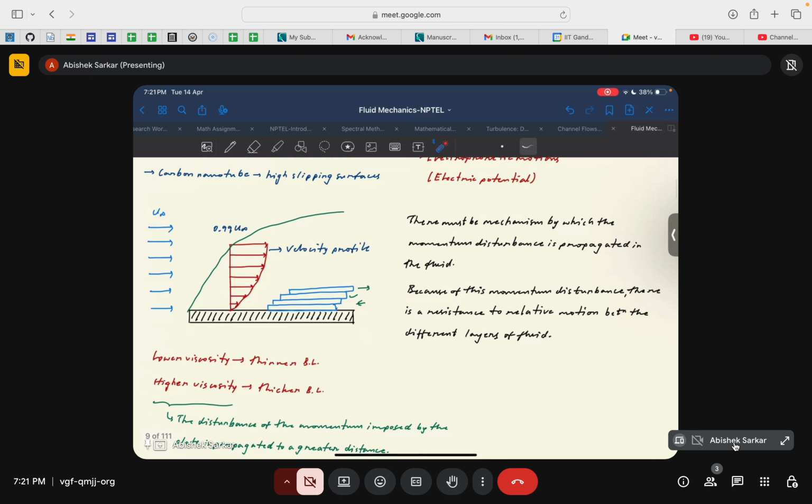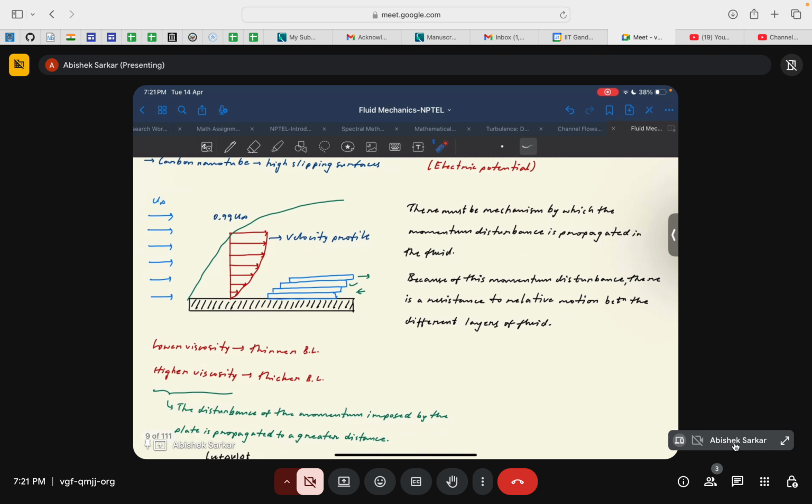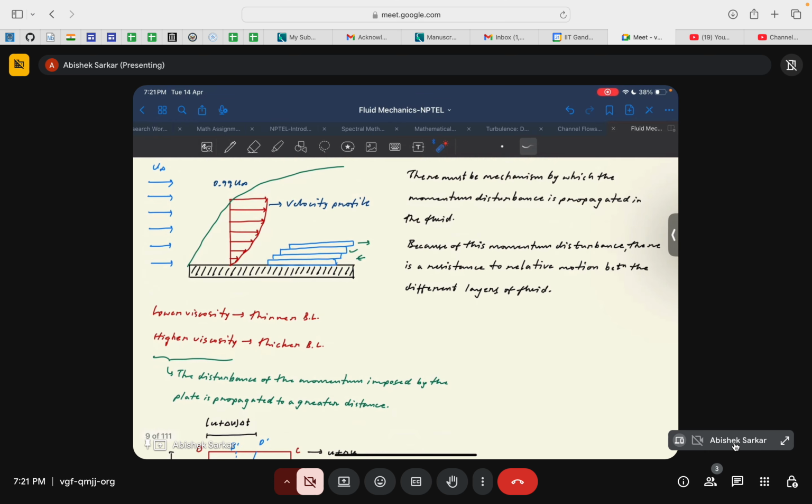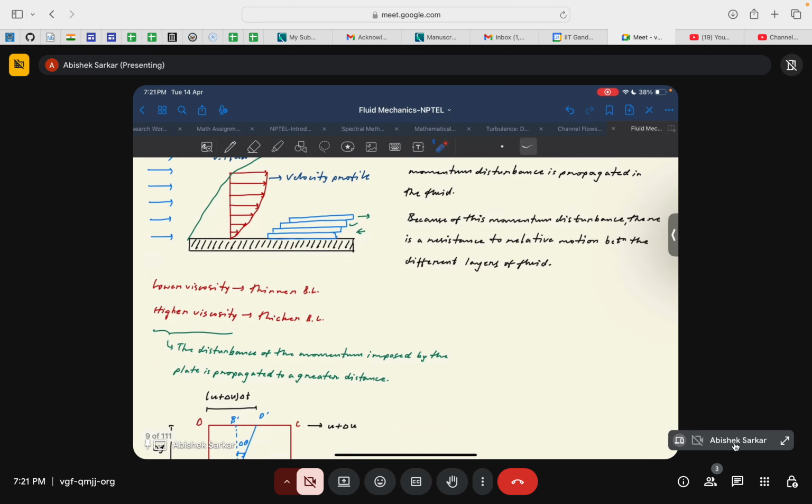In week 2 itself we discussed boundary layers. By now all of you might know properly what a boundary layer really means, so I do not think I need to go through it. But a simple implication is that if the viscosity is low, then we have a thinner boundary layer, and if the viscosity is high, we have a thicker boundary layer. This is understood from the fact that the boundary layer thickness scales as 1 by Re_L to the power half, where Re_L is U infinity L by nu.